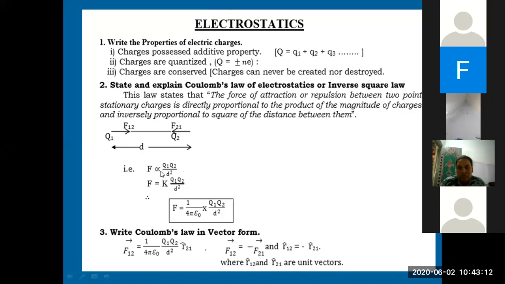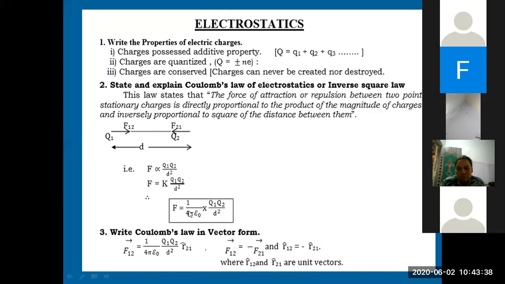Proportionality sign, if you have to remove and introduce the constant, we write the value to be K. K is my proportionality constant. So F will be equal to K into Q1 Q2 divided by D square. K value is 1 divided by 4 pi epsilon naught. Please note, value for 1 by 4 pi epsilon naught is 9 into 10 to the power of 9.